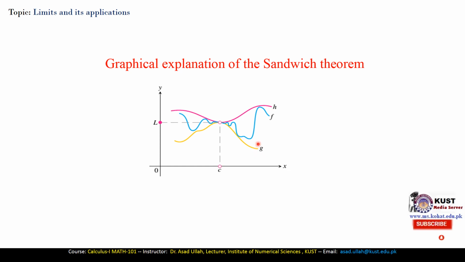Now the limit of the function g of x at the point c is L, and also the limit of the function h of x at the point c is equal to L. Then the limit of the function f of x at the point c is also equal to L. Now in the sandwich theorem, it is clear that the function must be in between the two functions, that is in this case h of x and g of x.